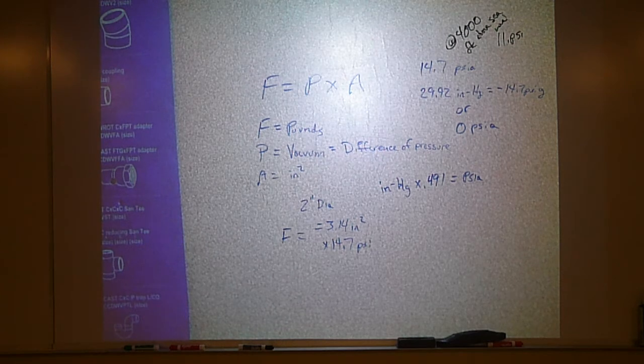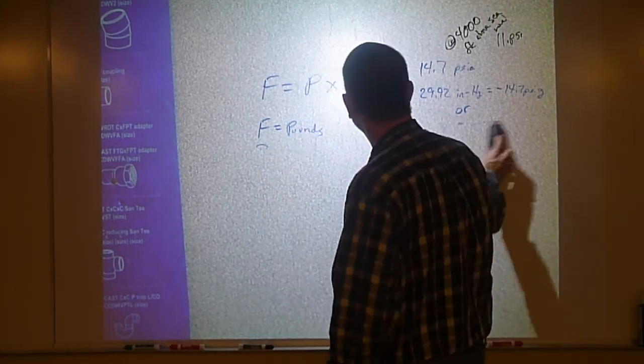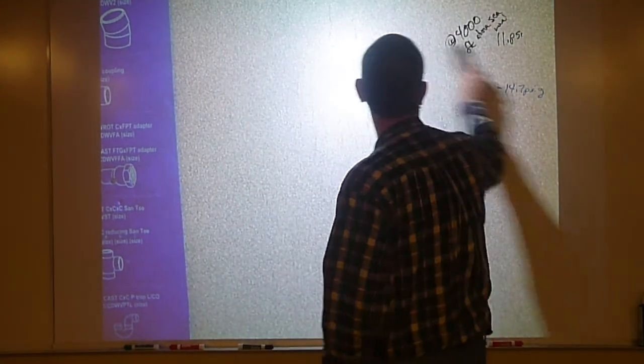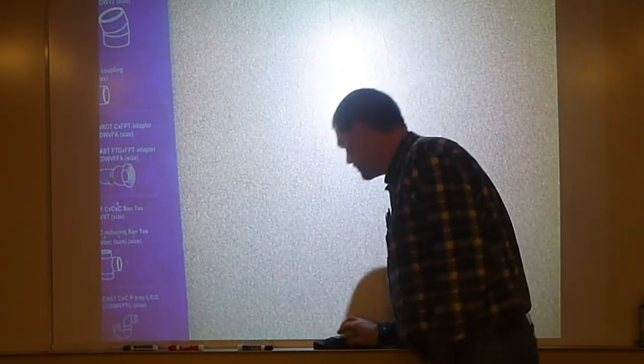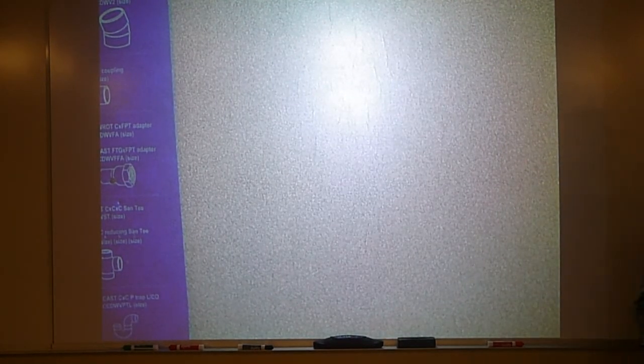So the next question has to do with free air delivery of a compressor. I know we didn't talk a lot about free air delivery. We covered it very briefly in the first chapter of the pneumatics book, the second chapter of the pneumatics book. Free air delivery is the amount of air that a compressor needs. Free air delivery is also based on the gas laws. Let's throw it back up there again.